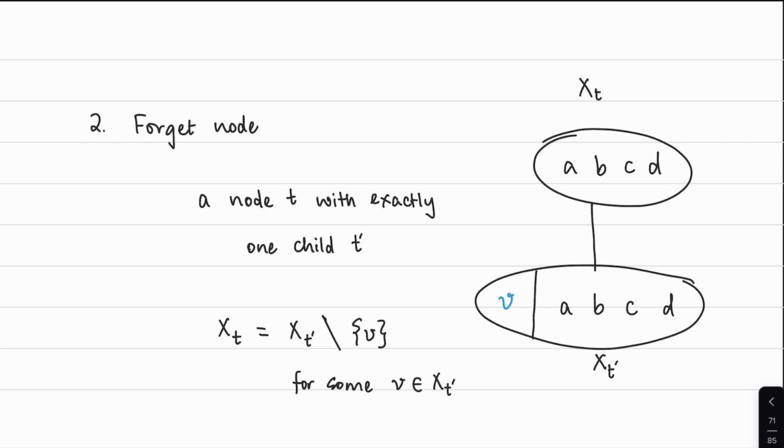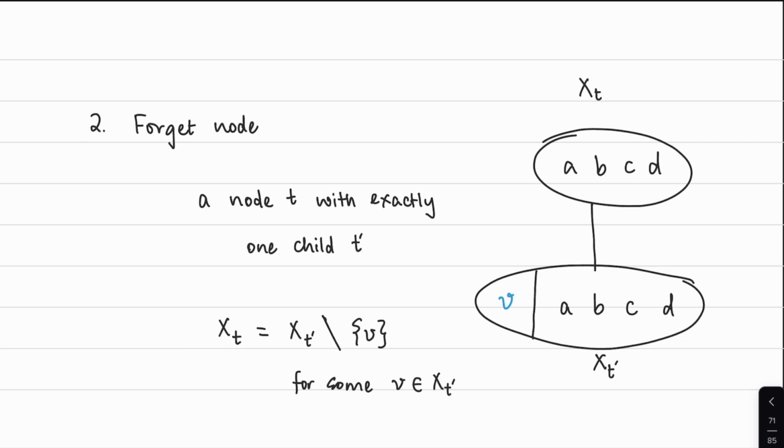So the vertices in a forget node are essentially the same as the vertices in the bag of its child node, except it's going to be missing one of them. Again, if t is the forget node and t prime is the child of t, then X_t is X_t prime minus v for some vertex v that belongs to X_t prime. That's what a forget node looks like.